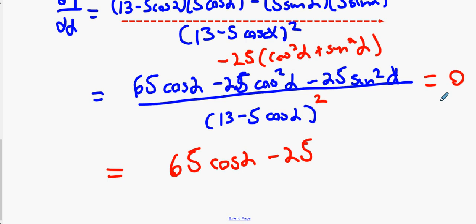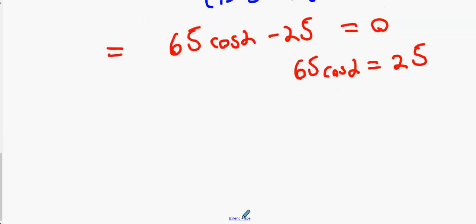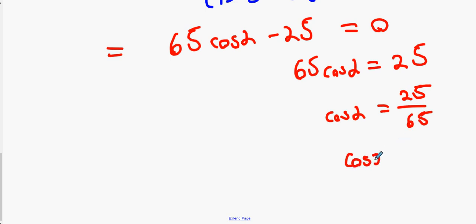If the answer is 0, does the denominator matter? No, it's only the numerator that matters. And then you're going to get 65 cos alpha equals 25, and then cos alpha is 25 over 65, which is 5 over 13. That's all we wanted.